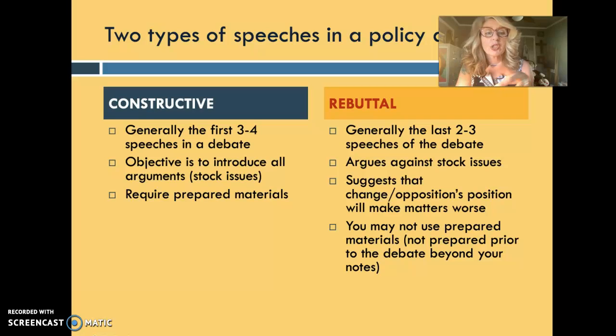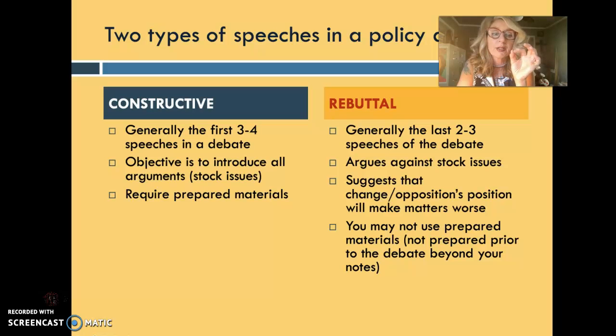And when that's finished, you have time to create your rebuttal, which ends up being 1 minute apiece for each person in the debate. And when you do that, you don't have prepared material. You have to prepare it based upon what just happened in that whole 20-minute debate with you and your partner and the other side.